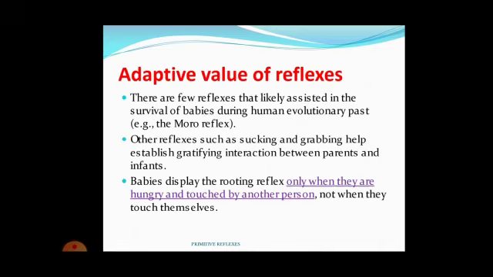If another person touches the baby's cheek, there will be a response. Even if another person is touching, if the baby is not hungry, the reflex will not come. The reflex comes when another person touches the baby's cheek and the baby is hungry. So it has its own specialized response. These are all the adaptive values of primitive reflexes.